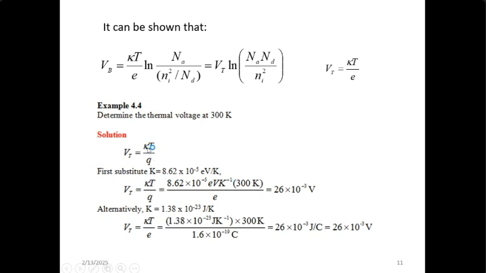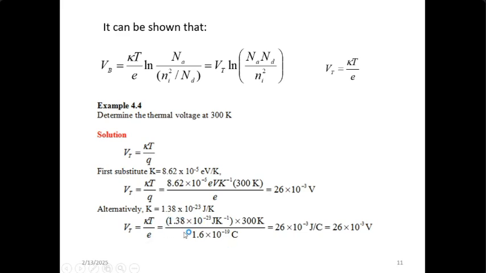So we substitute the value of Boltzmann constant, we substitute T, which is 300, and we substitute Q as 1.6 times 10 raised to power negative 19.